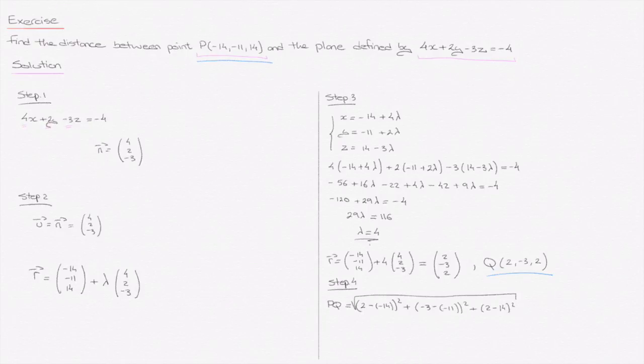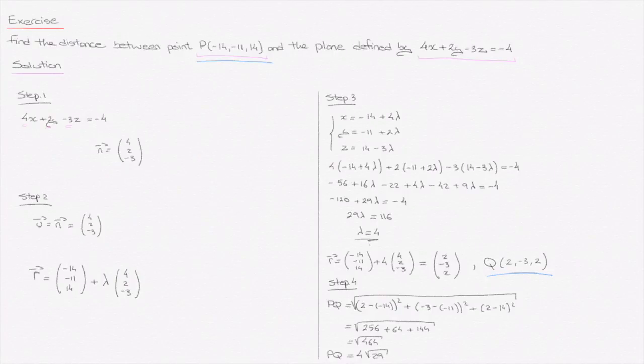After calculations and simplifications, we find that this equals the square root of 256 plus 64 plus 144, which equals the square root of 464. And we find that PQ is equal to 4 times the square root of 29.